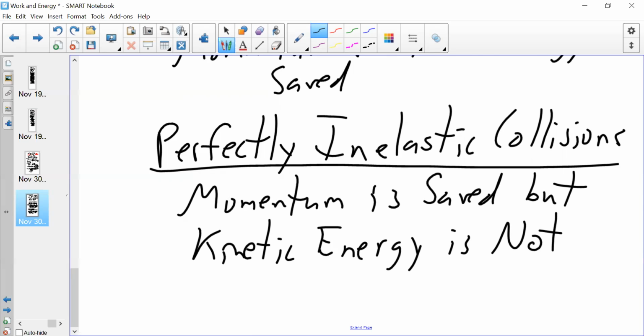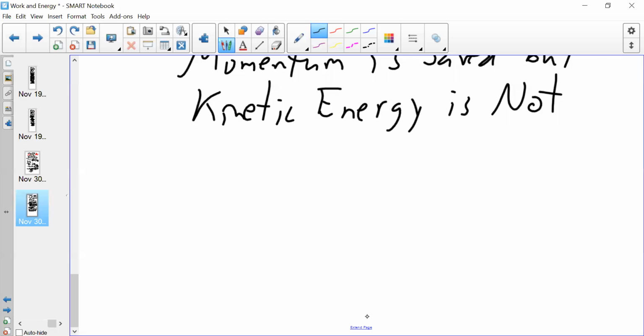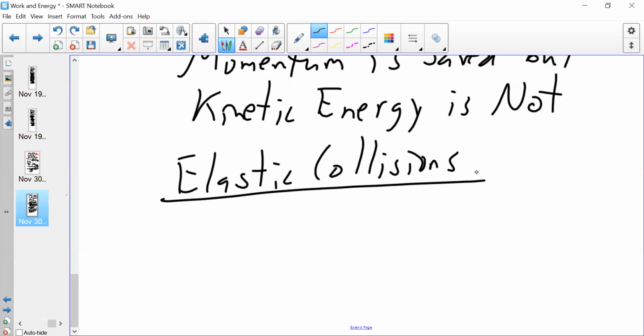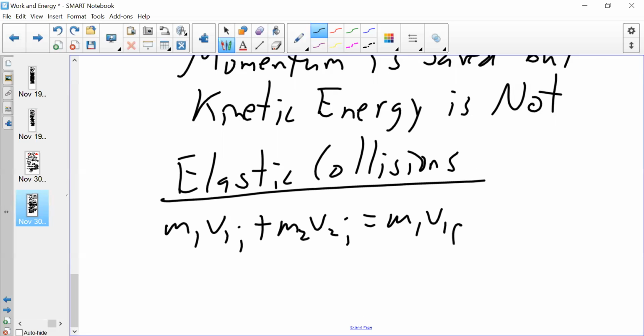So the conservation of momentum equation is really like the elastic equation, same. So for elastic collisions again, so for two objects, that's the momentum saved, and then kinetic energy.